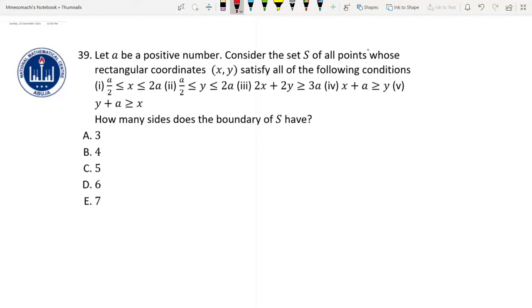Okay, so first of all, we'll just plot the first two, and then for the last three, we'll plot the lines, and then we interpret the inequality later.